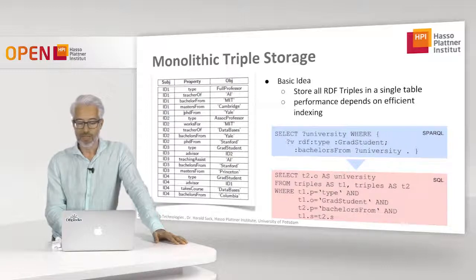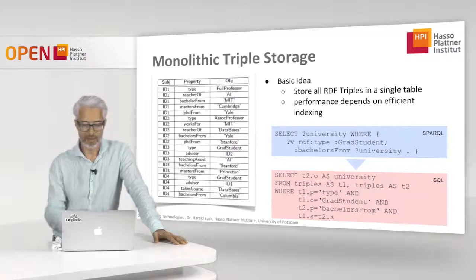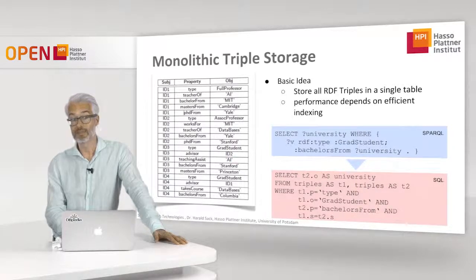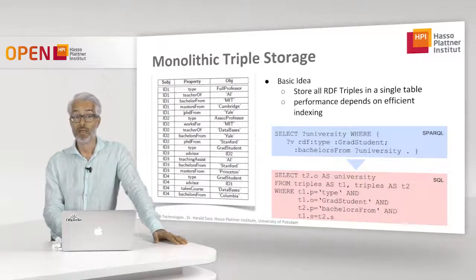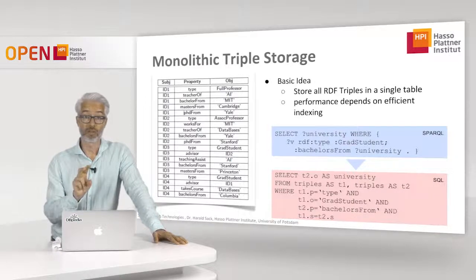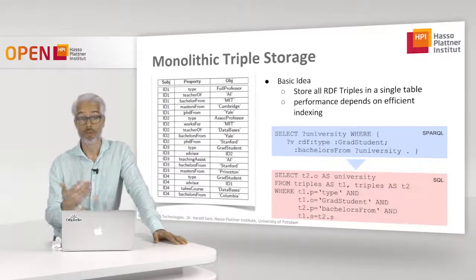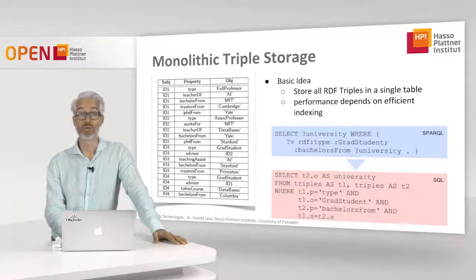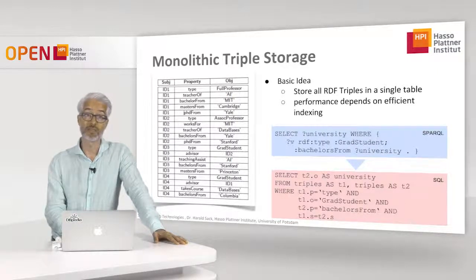And in the result, that is what we select from the second table, where the bachelor is from, we select here T2O as the variable which is called university. But to really join these two tables together, I must join them with a join variable, which is the subject of both versions of the table. So T1 subject must equal T2 subject.